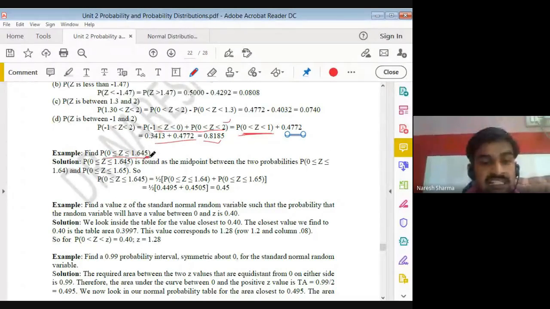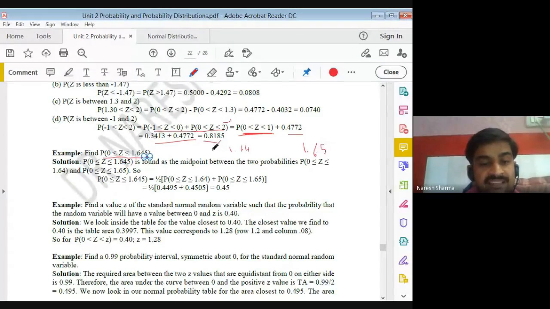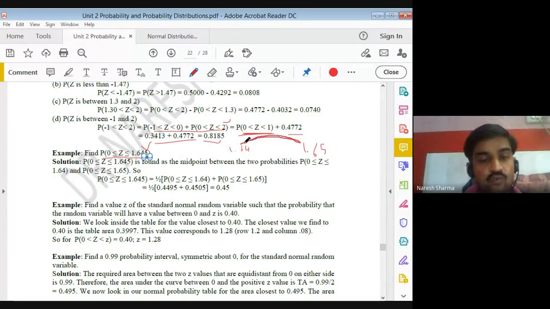In that case, we can break this into two parts, that is from 0 to 1.64, and also from 0 to 1.65. And as this point lies between these two, we can take the average of these two.